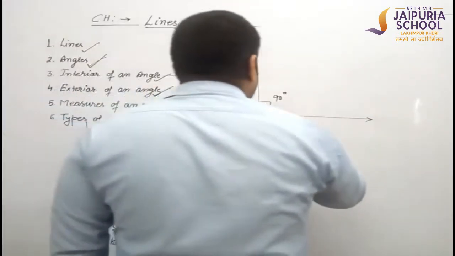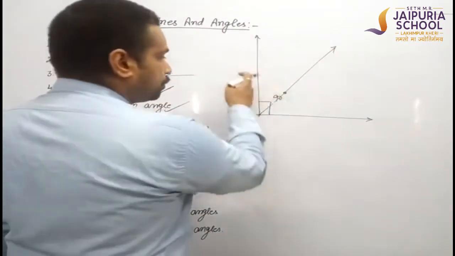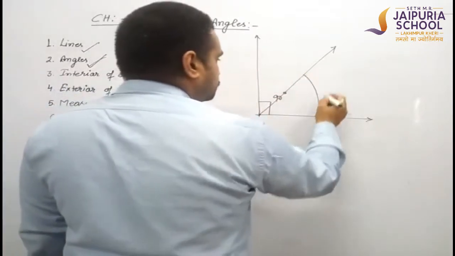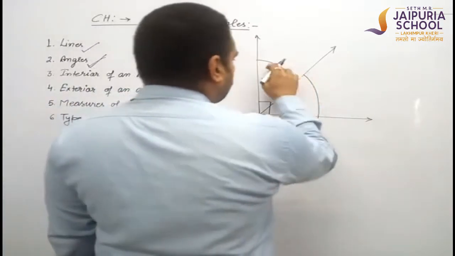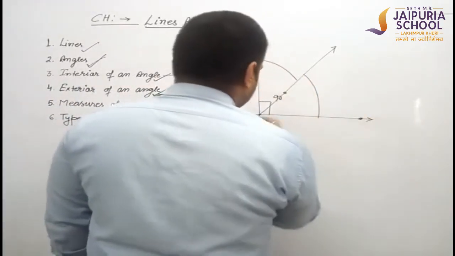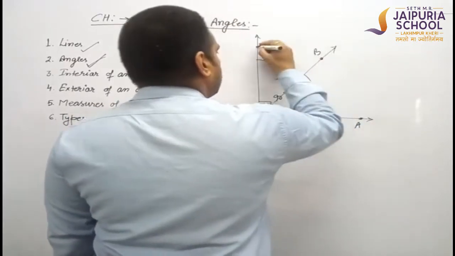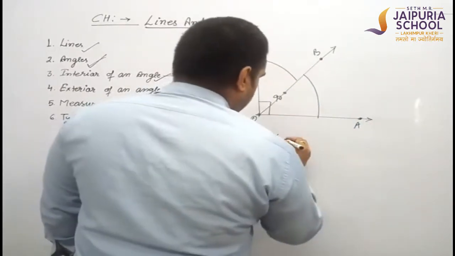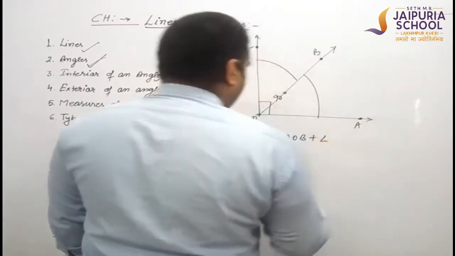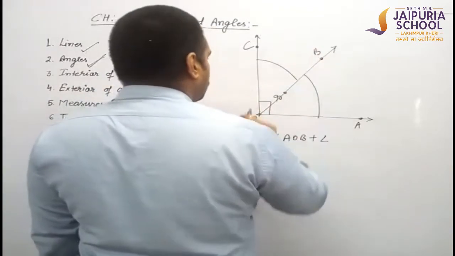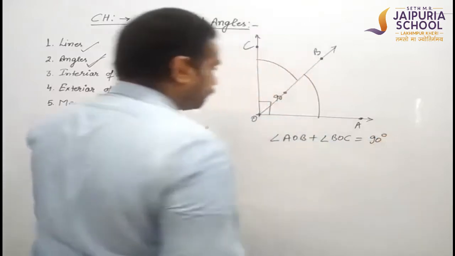If I take another ray between both the rays, then this is one angle, this is the second angle, and the sum of both angles, angle AOB plus angle BOC, is equal to 90 degree.